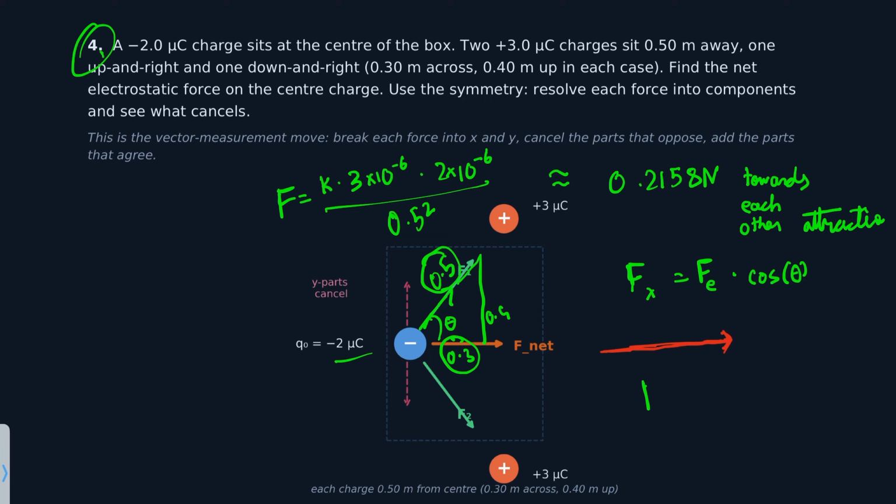So it's just force electrostatic times 0.3 over 0.5. And once you substitute in your force electrostatic, you can find your force in that direction. So let's try that: 0.2158 times 0.3, and then divide that by 0.5.